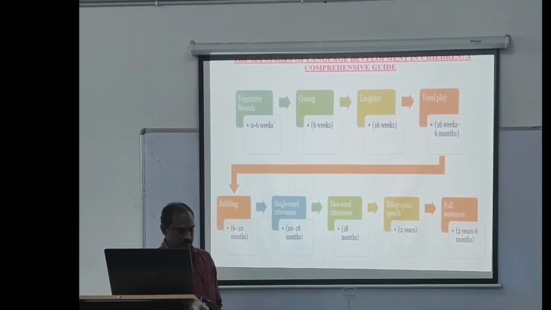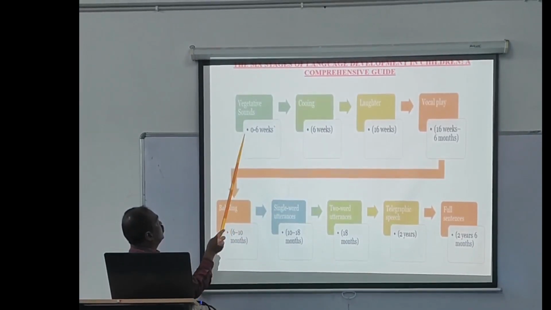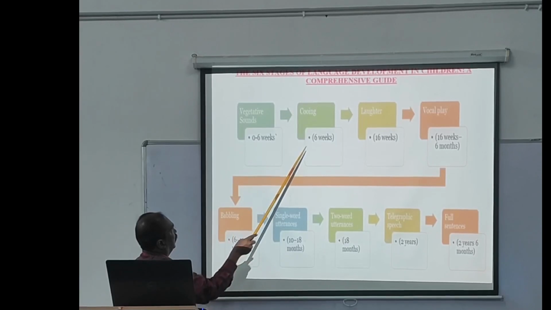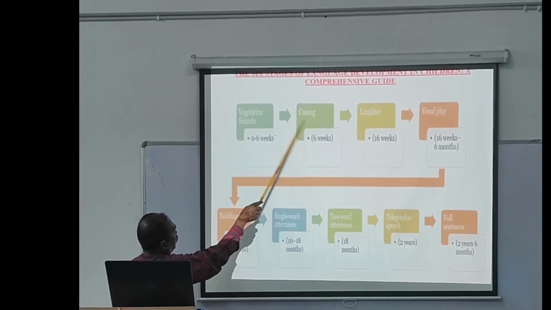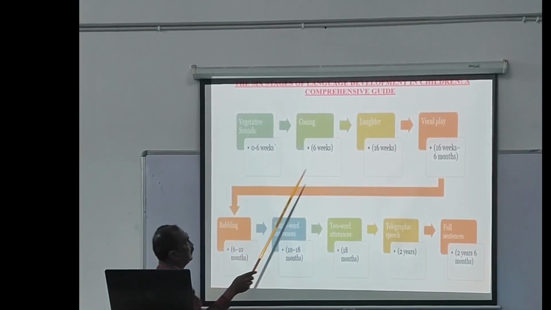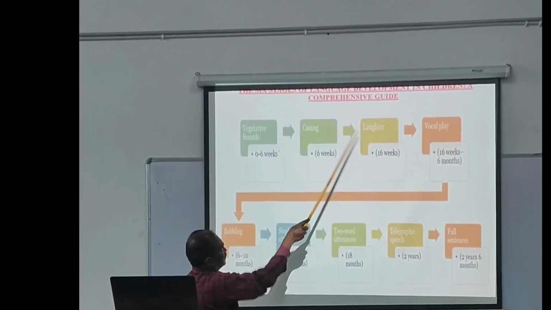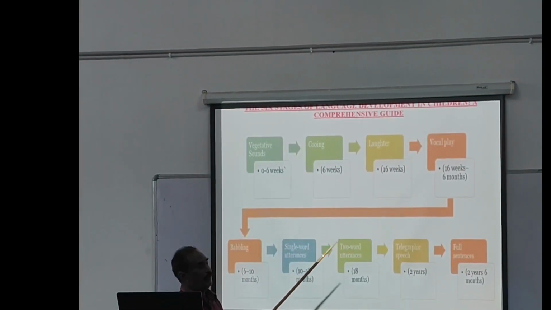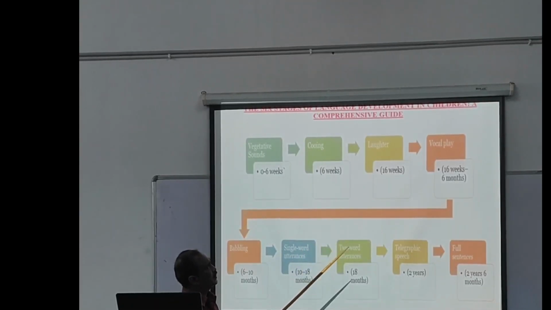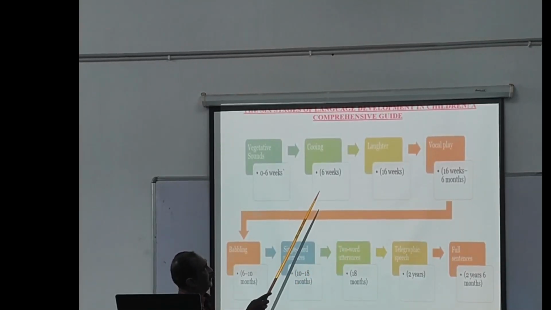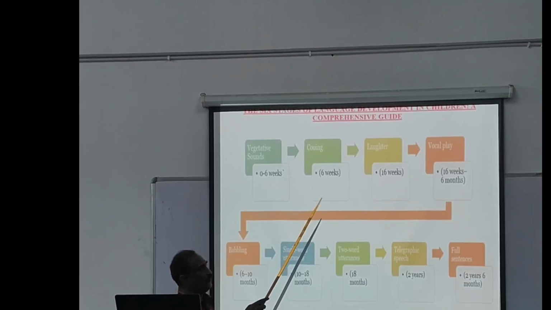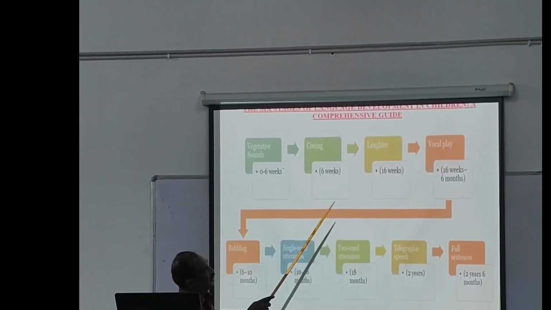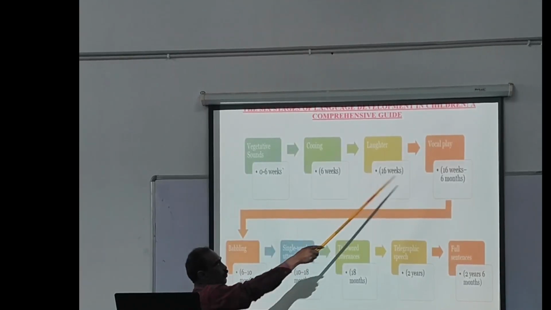If you see the picture, this is 0 to 6 weeks, vegetative sounds. After 6 weeks, they will do cooing, and at 16 weeks, after about 3 months, they laugh, and from 16 weeks to 6 months, they do vocal play.